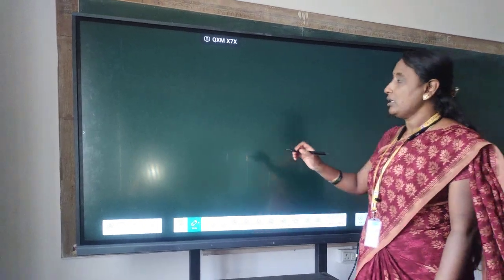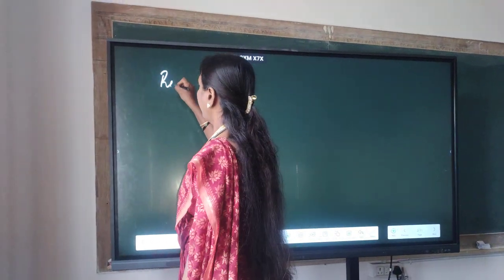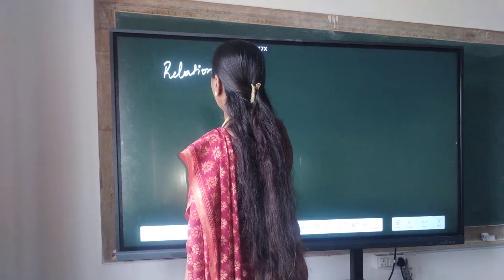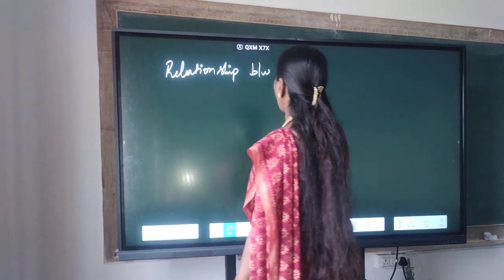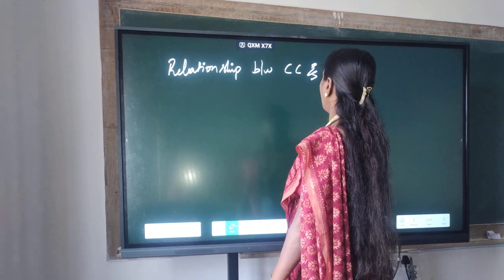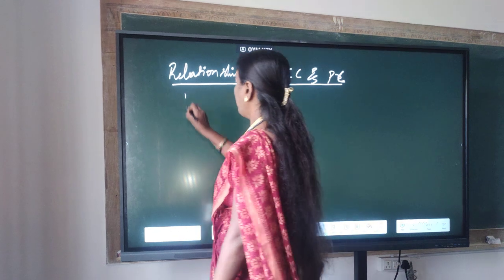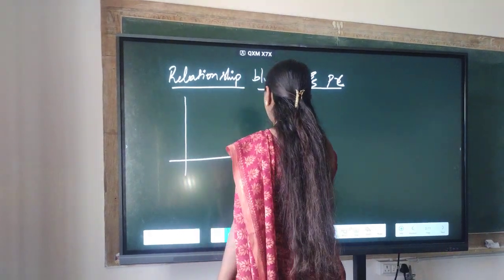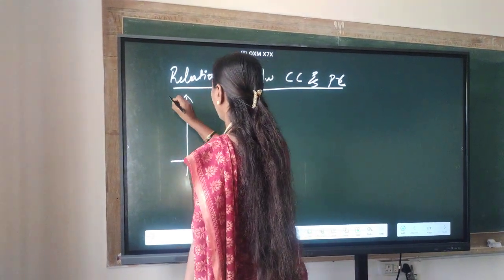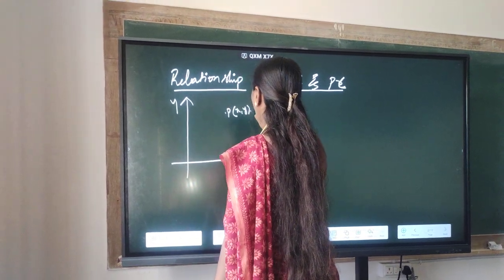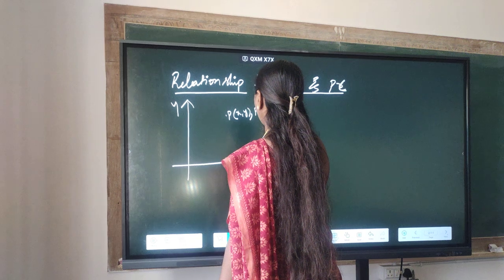Next, what is the relationship between the Cartesian coordinate and the polar coordinate? For this we will merge the diagrams. This is x, this is y, and this point may be x y or maybe r comma theta.